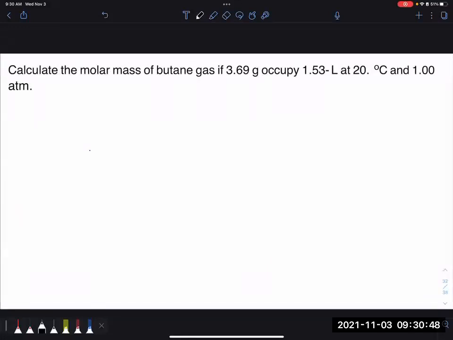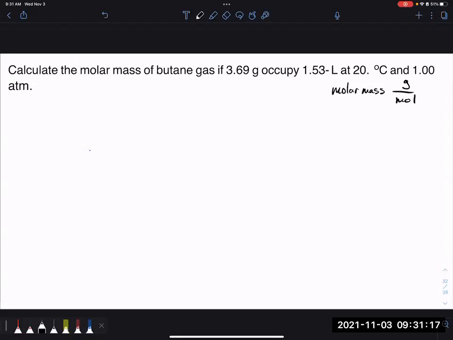Calculate the molar mass of butane gas if 3.69 grams occupies 1.53 liters, 20 degrees C in 1 atmosphere. So, right, what we know about molar mass is that it's grams per mole.